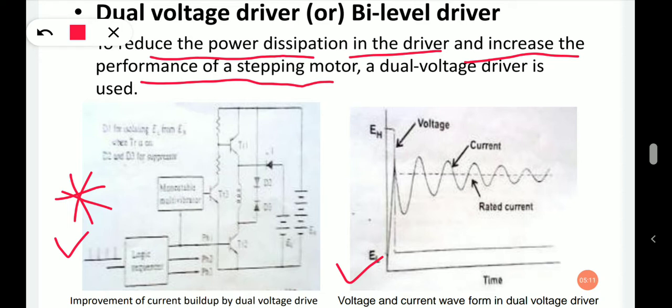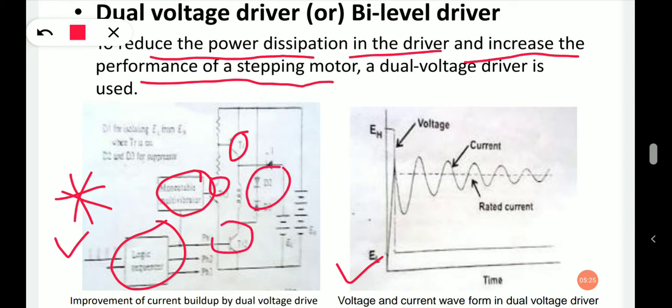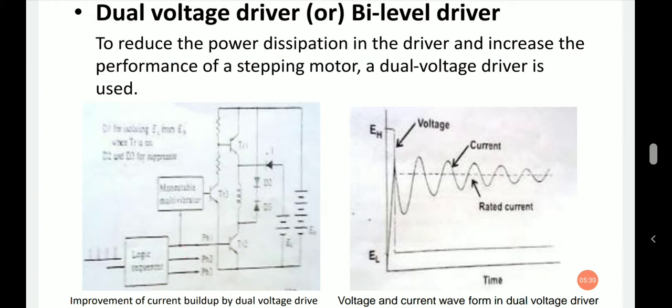Here a logic sequencer block is there, and a monostable multivibrator block is there. Then transistor, resistor, diodes and batteries are there. When a step command pulse is given to the sequencer, a high level signal will be put out from one of the output terminals to excite a phase winding.